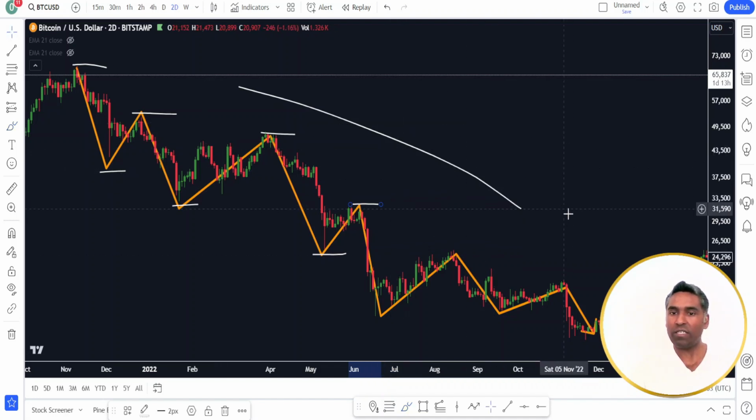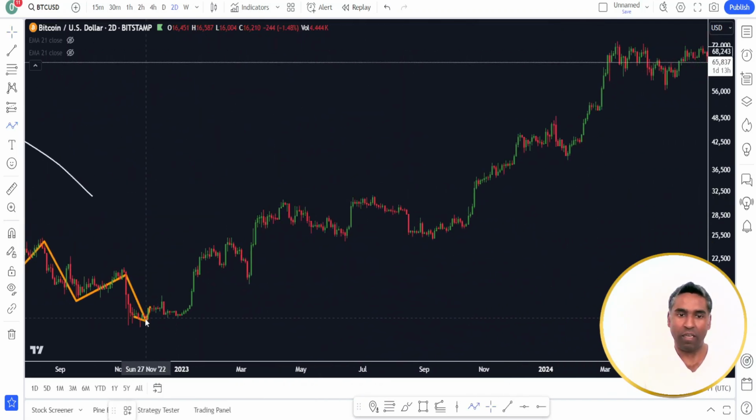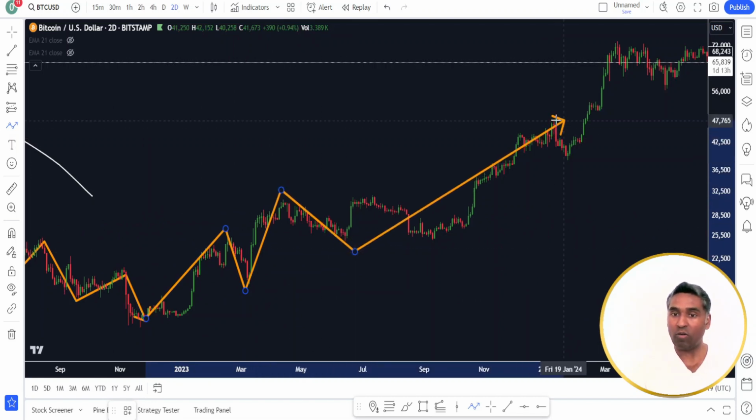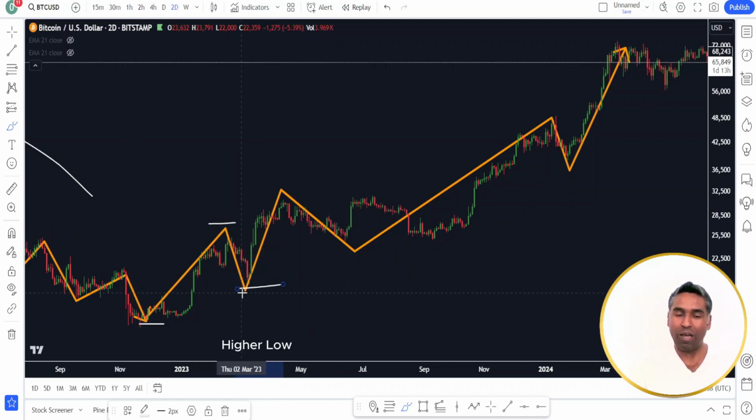While in the opposite direction, if we see the same wave-like pattern, the price is moving up and coming down, moving higher and coming down, and going even higher and coming down. If we see some kind of pattern resembling this, where for example this was a low and the price made a high here, but the price made a low, and this low was higher than this low, so this is a higher low.